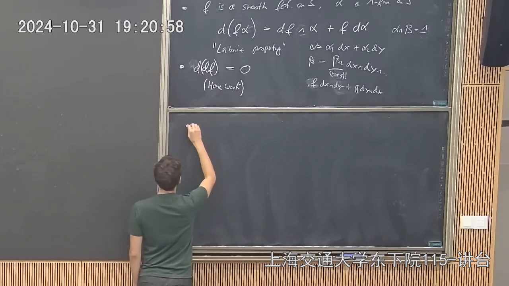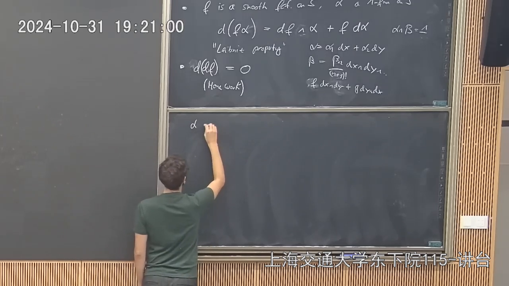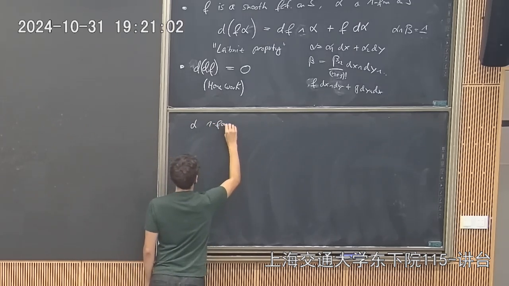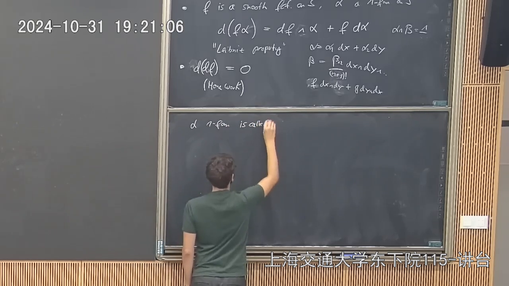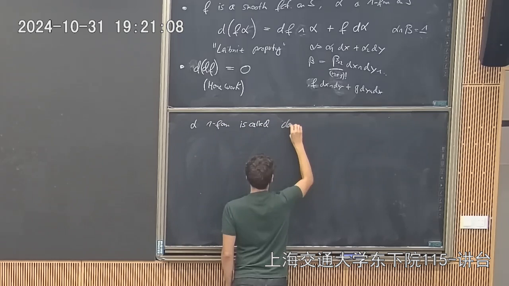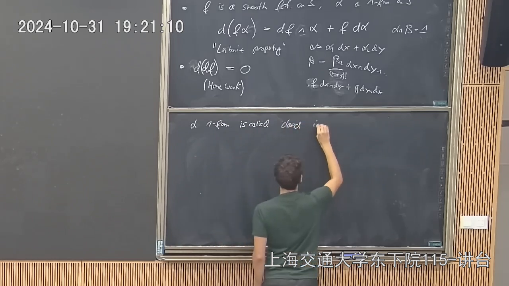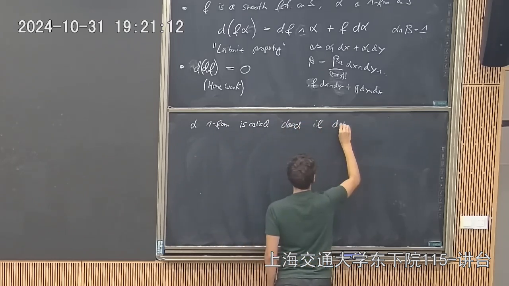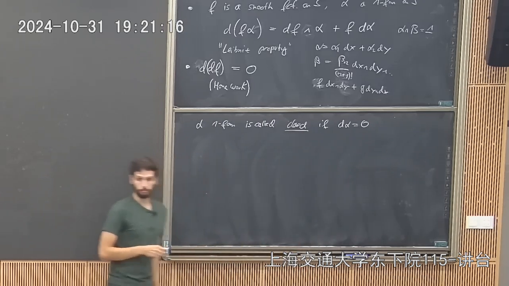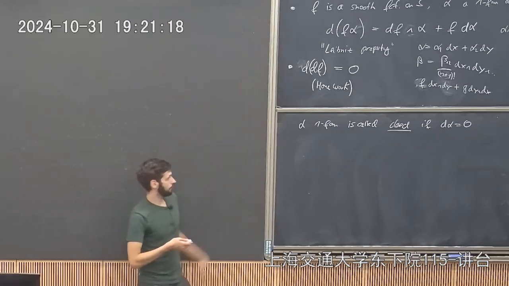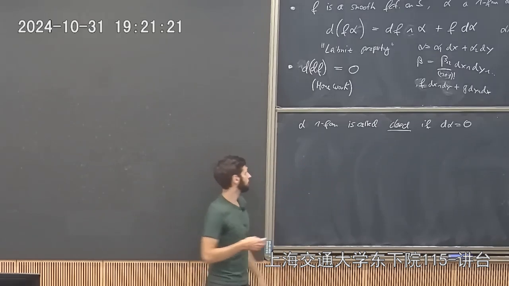The first thing is alpha, which would be a one form, called closed if d alpha equals 0. So closed means that d alpha vanishes.